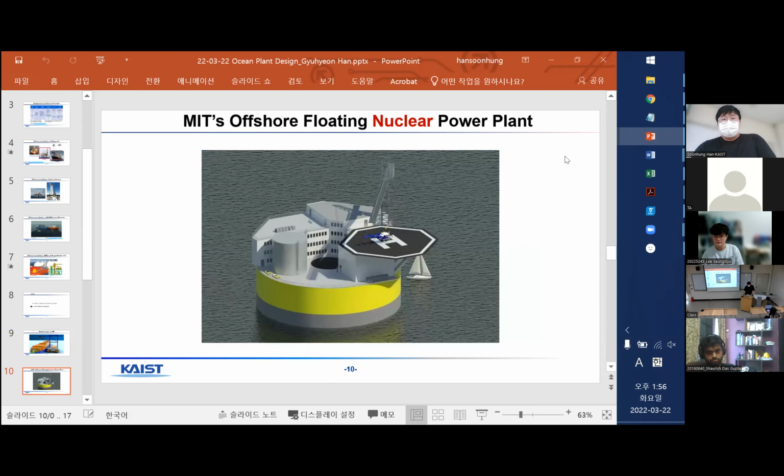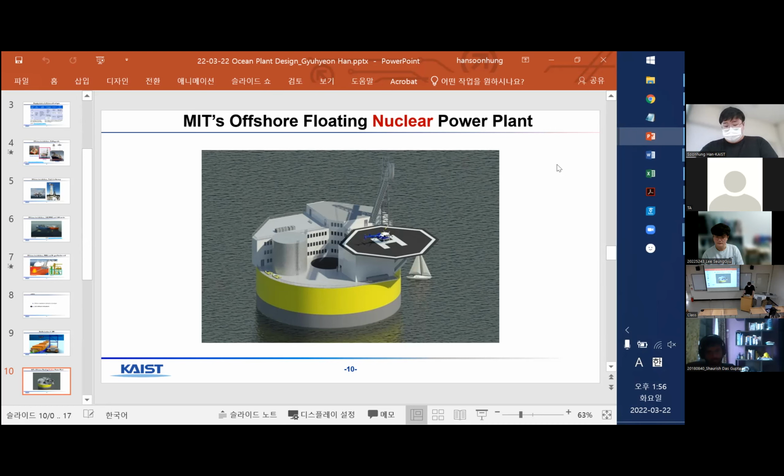This is MIT's offshore floating nuclear power plant. As you see, our professor explained it very simply before, I think 2 weeks ago. This idea was actually presented in 2014, and its key purpose is to withstand earthquakes and tsunamis.